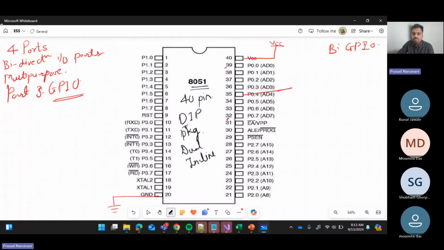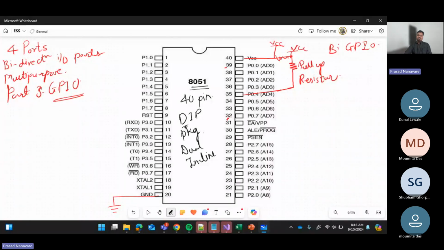Now what do you mean by pull up resistor? We have to connect a resistor externally and connect it to VCC in order for these pins to be activated. I will say this is a pull up resistor, and it is connected to VCC.